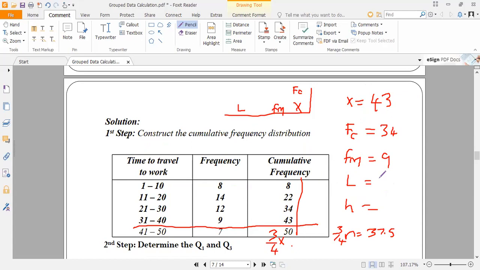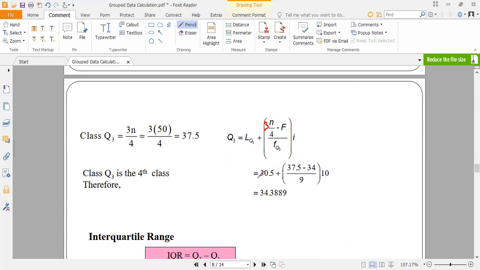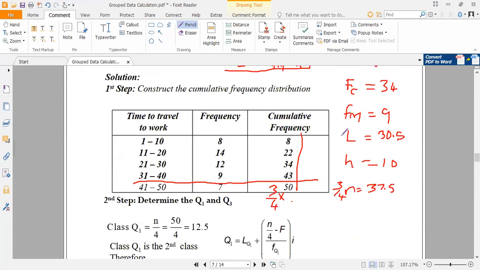Subtract 0.5 from this number here. Then our height is 10, so you substitute there. Here we found 30.5, and 3/4 of n is 37.5.